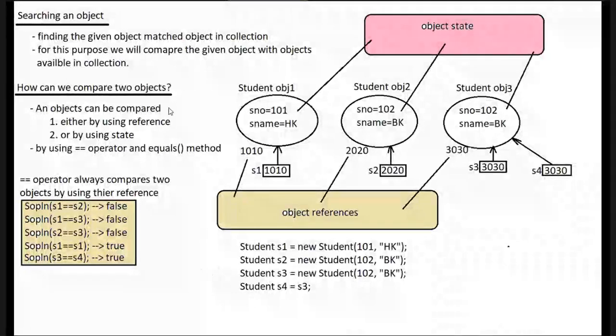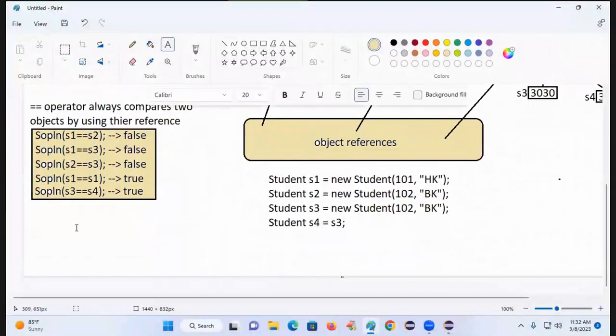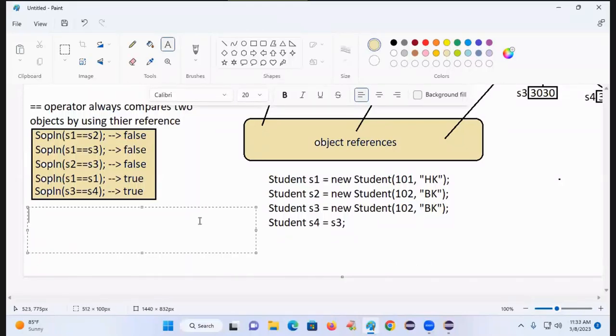Now the dangerous question, the most confusing question, not only in Ameerpet, but in the entire Java world. The equals method always compares two objects by using their state.